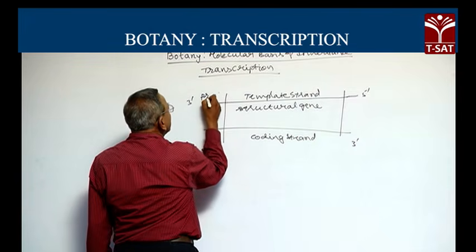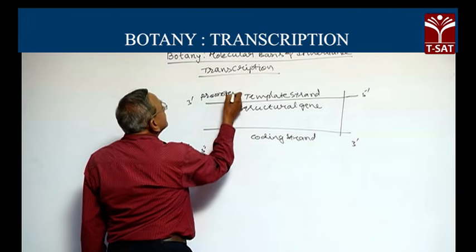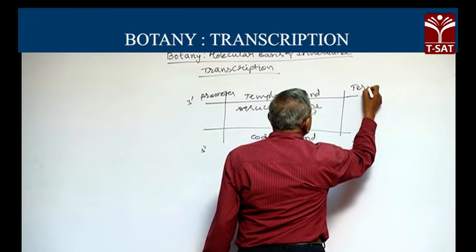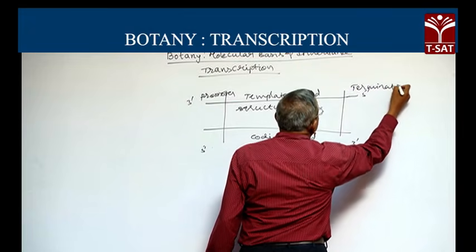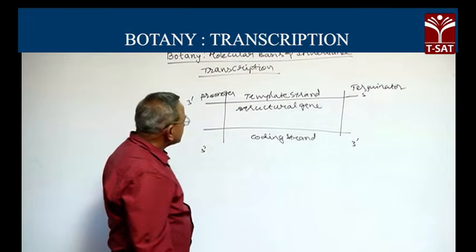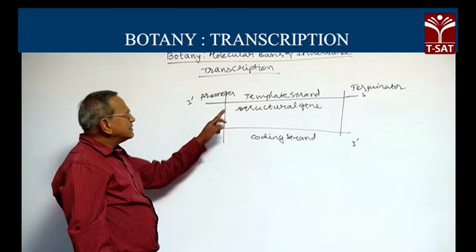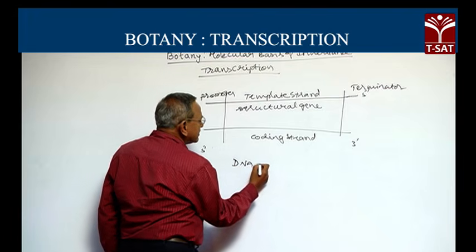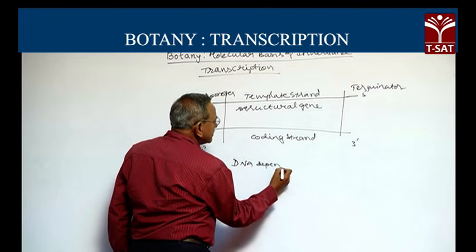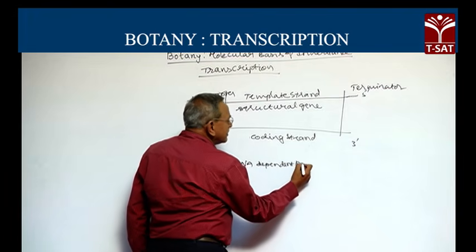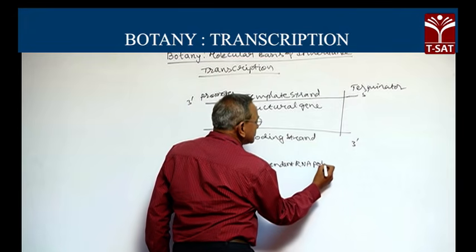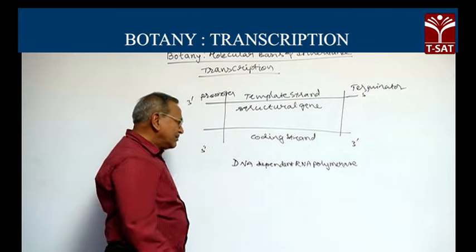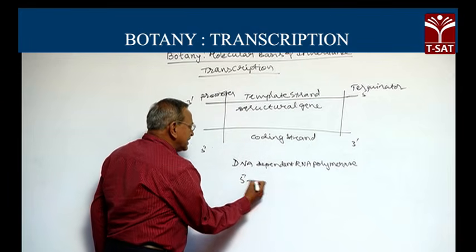And we have a promoter at upstream and a terminator at downstream. The DNA-dependent RNA polymerase polymerizes in the direction of 5' to 3' only.